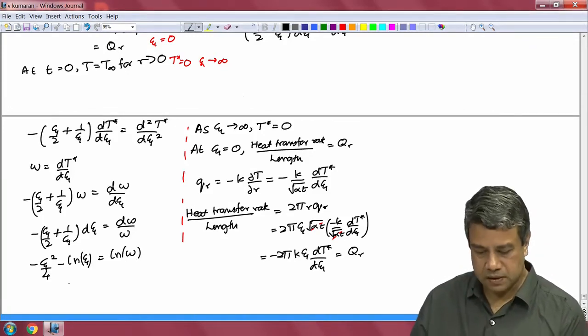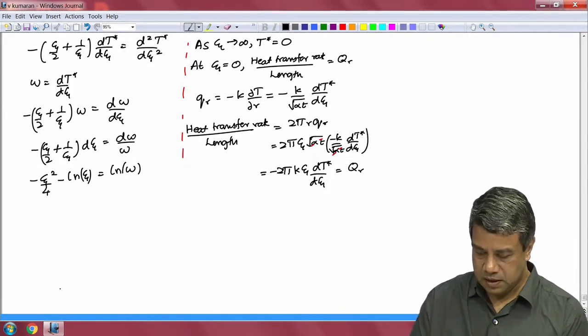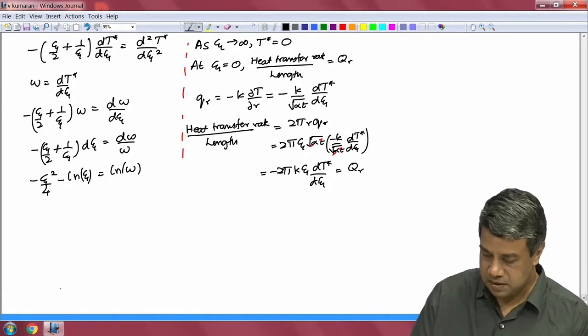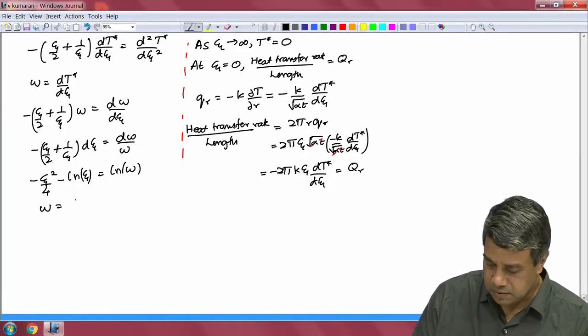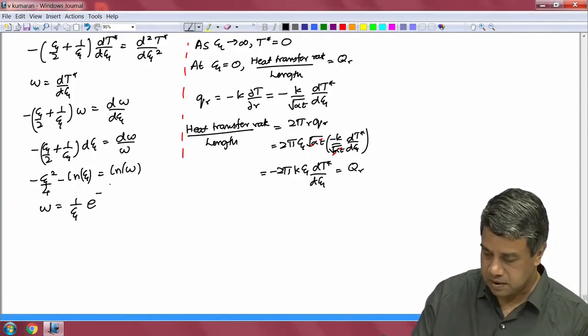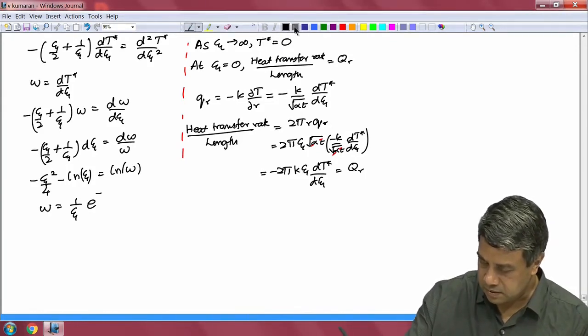Integral of 1 over psi is log psi, and therefore, you can exponentiate this and you will get that W is equal to 1 by psi e power minus psi square by 4, but there should be a constant of integration here.